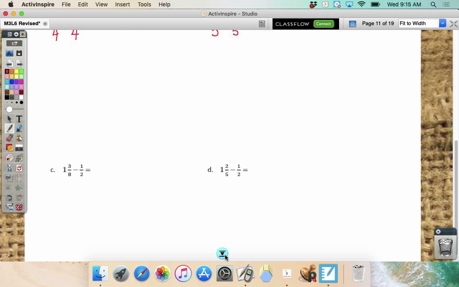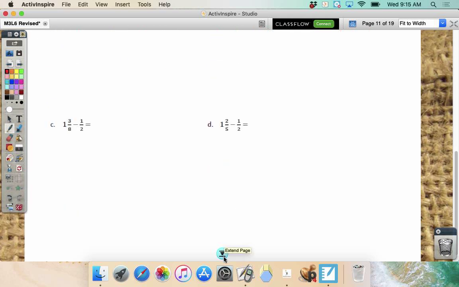Okay, so let's take a look at C. Yeah, let's do the strategy I taught you. I'm going to write it bigger because it's so tiny on here. But when I was in 5th grade, you don't have to write it bigger. You can just do it on your paper. My teacher said there's a little trick to this, and it works every time.